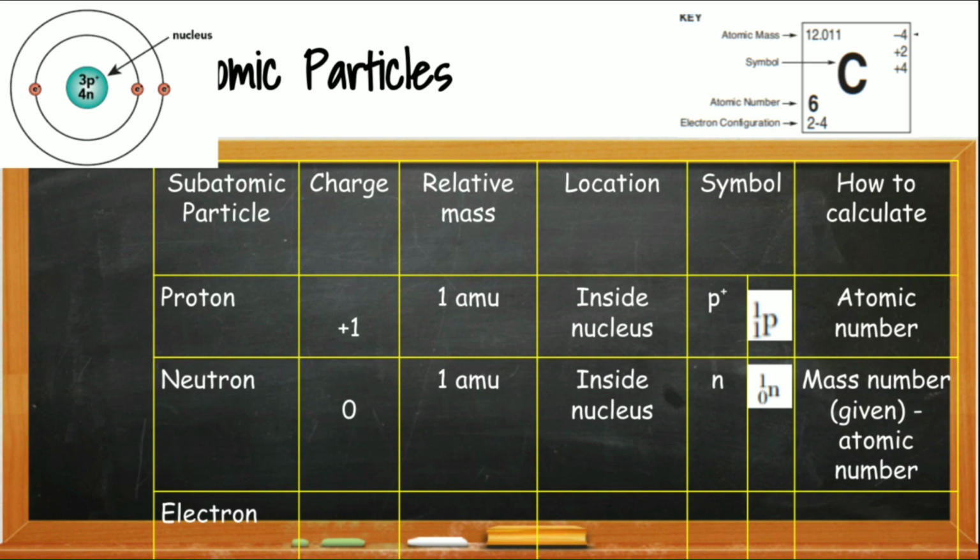So in order to find the neutrons in the nucleus, we are going to use this equation that you have to memorize. It's not on your reference table, that the mass number, and you can see from this key that was on your reference table that the mass number correlates with the atomic mass minus the atomic number.